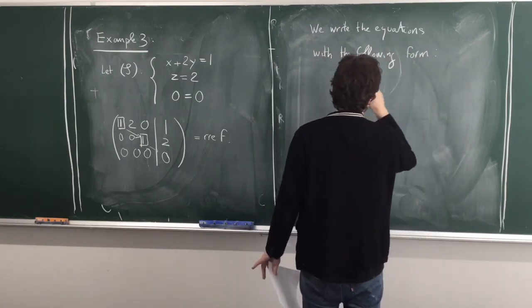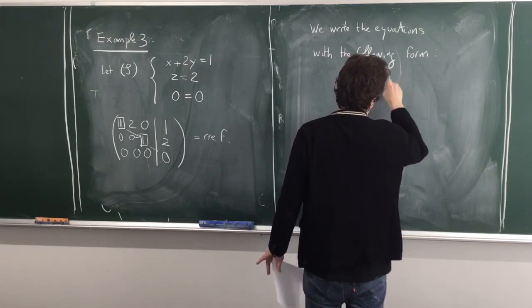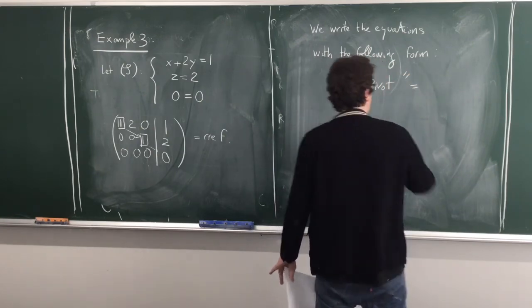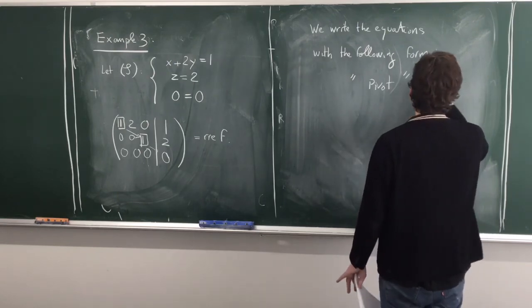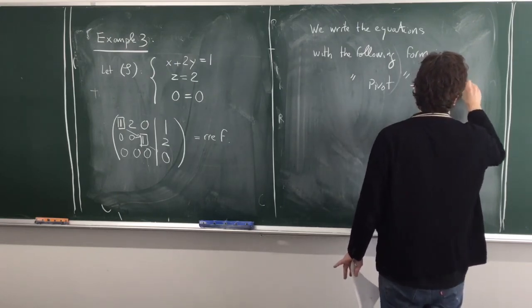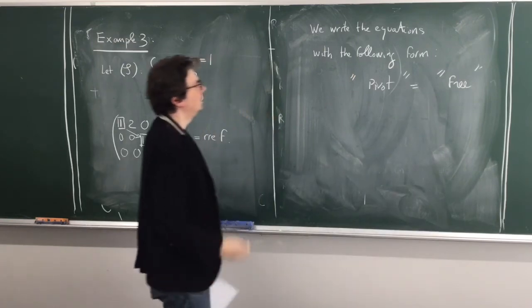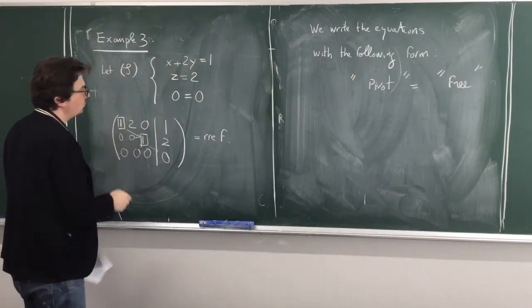We will write pivot variables on the left side of the equation in terms of free variables. What do I mean by this?